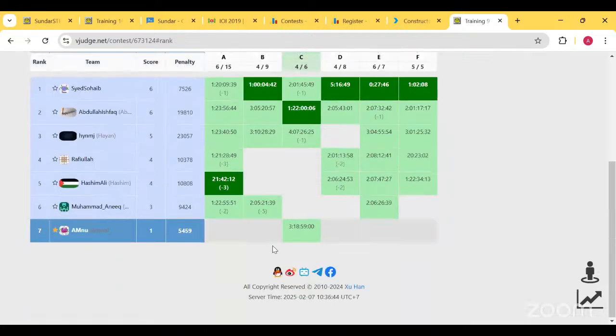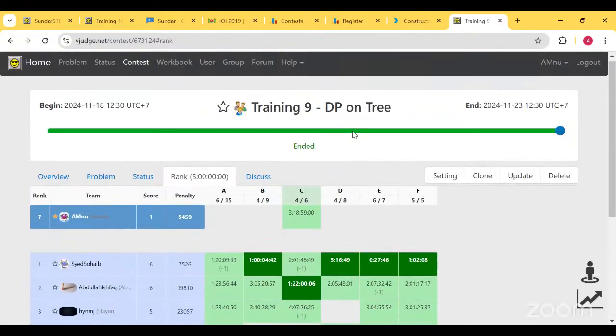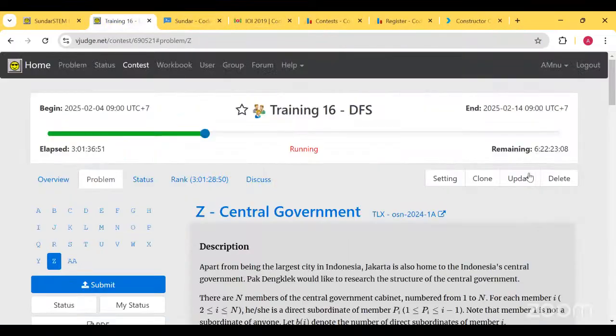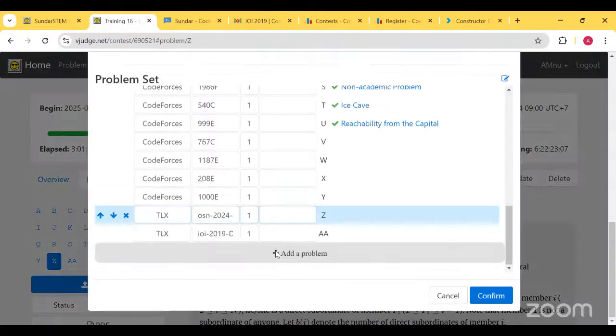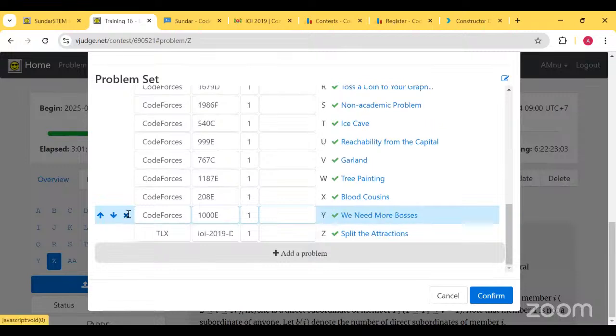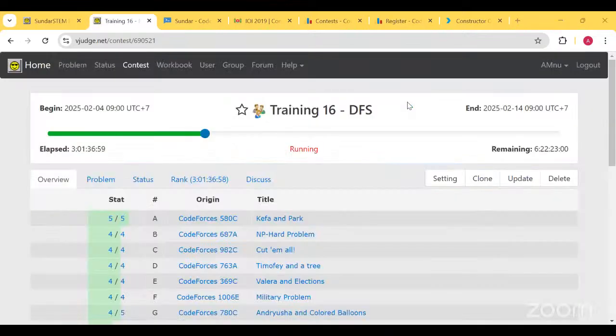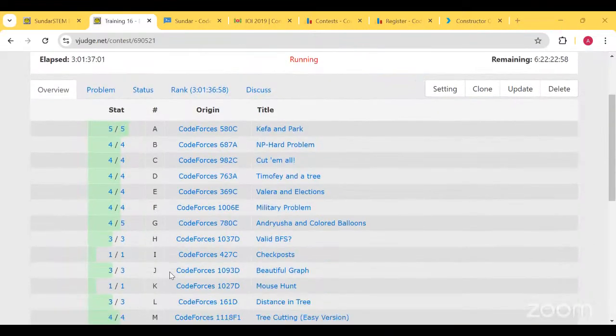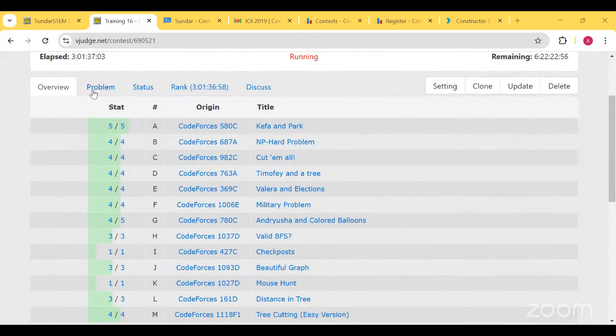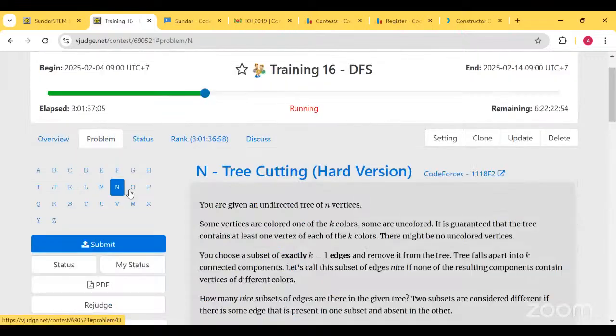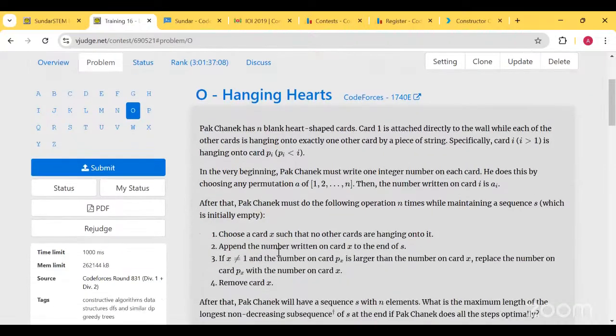Yes, I forgot about that. So it means you already solved it. So let's remove it. Okay, thank you again for the notice. So let's continue to the next problem after N.